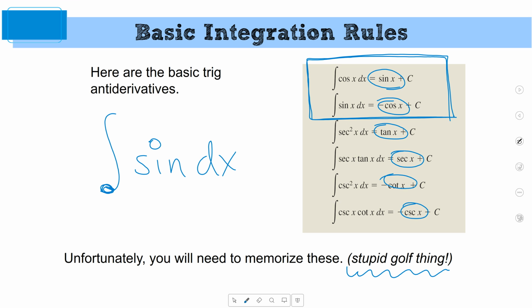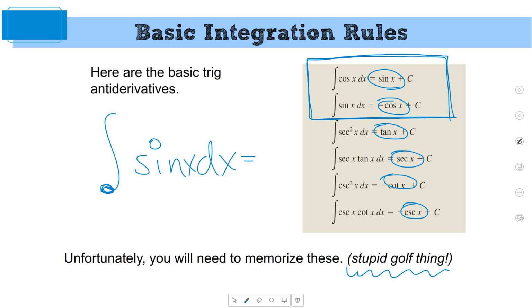I'm taking the derivative of the integral of the sine function. So I turn the dot in the sine into a big golf ball, and I turn the integral symbol into a golf club. I'm telling you, this is incredibly stupid, but if it helps you, great.